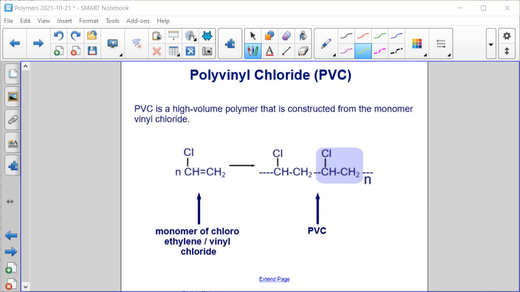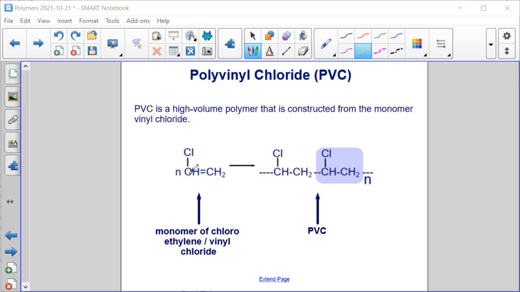Another polymer that we can make through this addition process is PVC, or polyvinyl chloride. PVC is a high volume polymer that is constructed from the monomer of vinyl chloride. So on the left right here, this is the monomer of chloroethylene. So it's ethylene with one of the hydrogens substituted with chlorine, and has a common name, vinyl chloride.